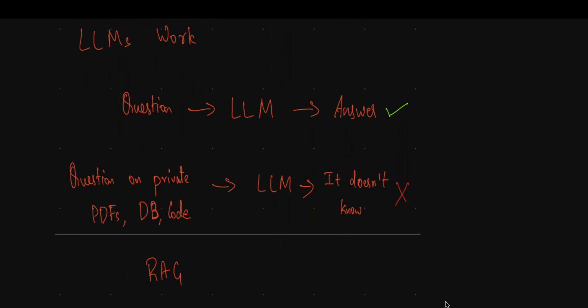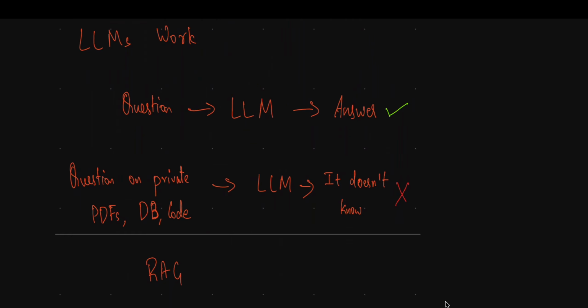But let's say you want to query your private data, let's say PDFs, or your private DB, or your code. Let's say I'm working for a company called Walmart or Google, and Google has their private libraries written. If you try to ask the LLM, it doesn't know, since they are private.